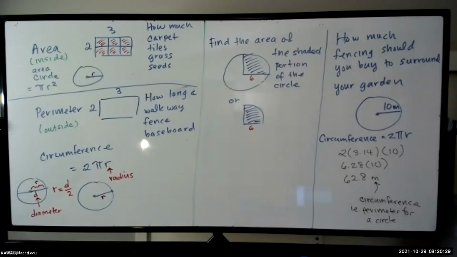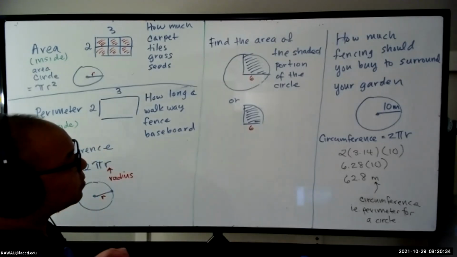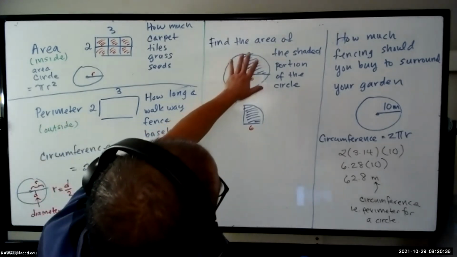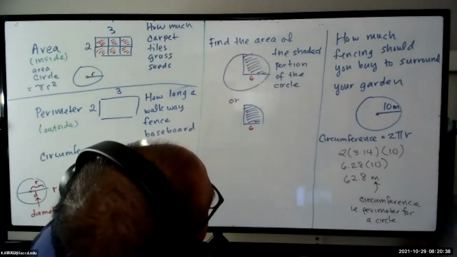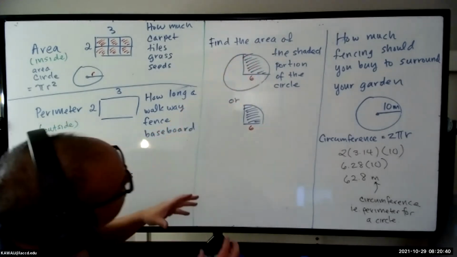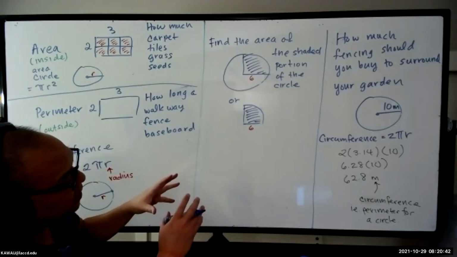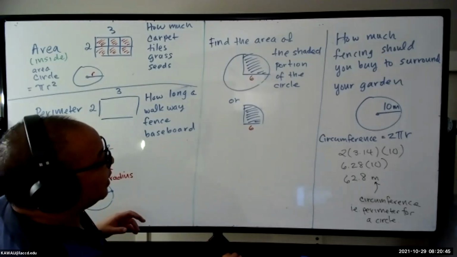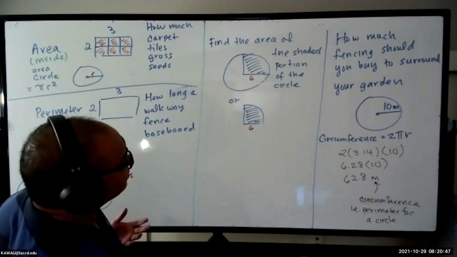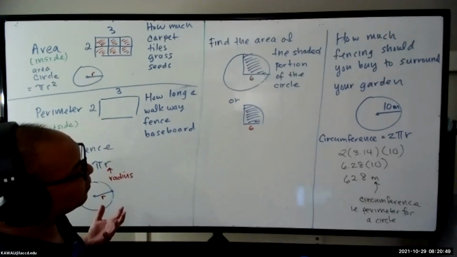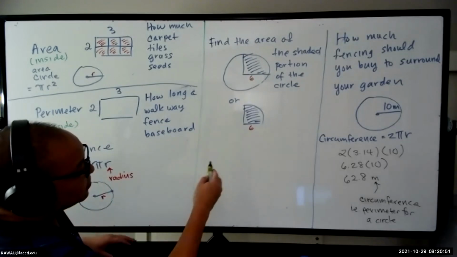Okay. Now, in order to find this area, when we look at this, we can see that this is 1/4 of the circle. So what you want to do is find the area of the entire circle and then divide it by 4, right? Because this is 1/4 of the entire circle, right?